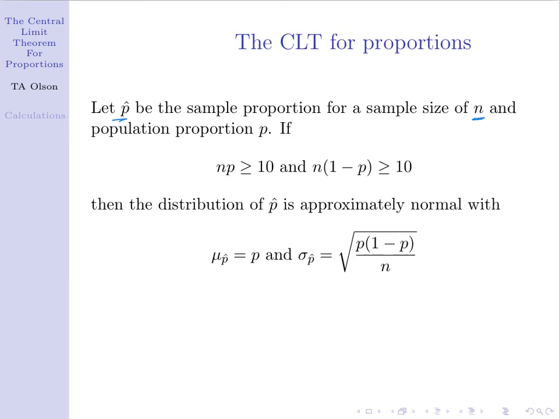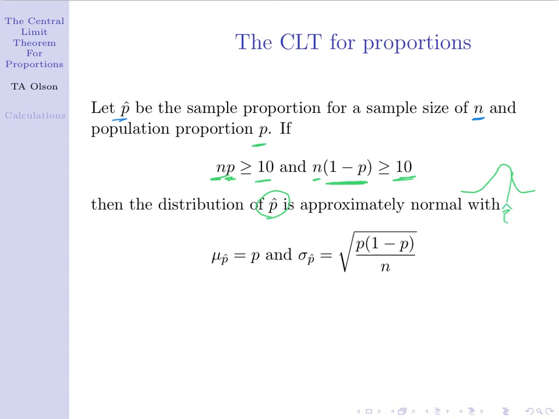And furthermore, we're going to know the population proportion P. If the sample size times the proportion of the population that says yes is greater than 10, and our sample size times the proportion of the population that says no is also greater than 10, then our distribution is going to come from an approximately normal distribution, right?